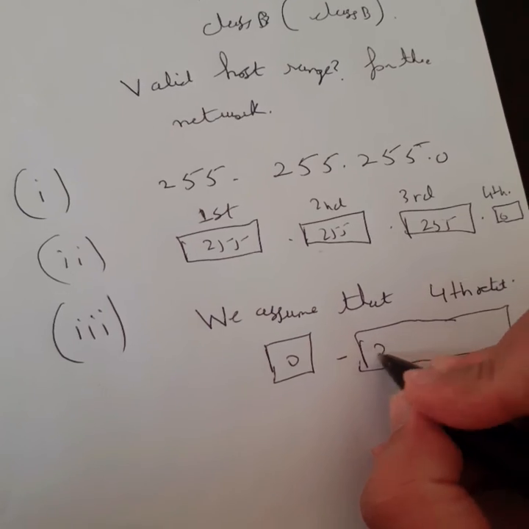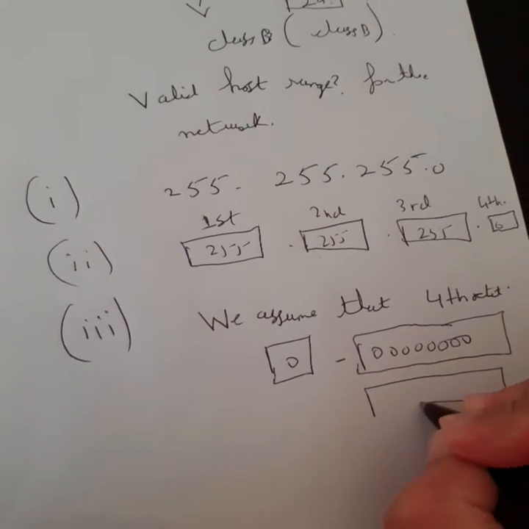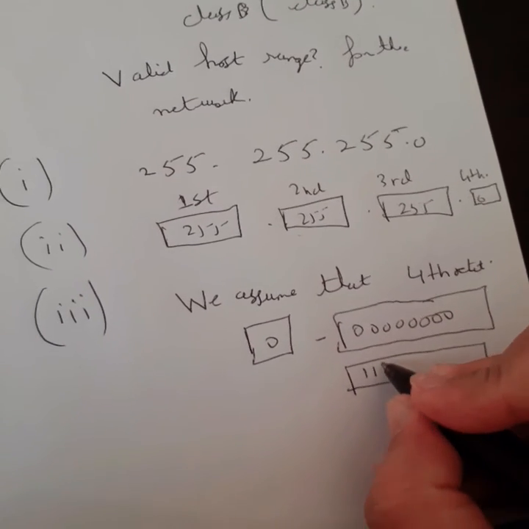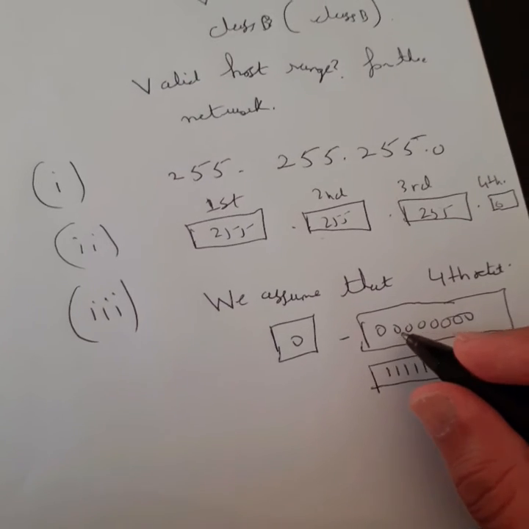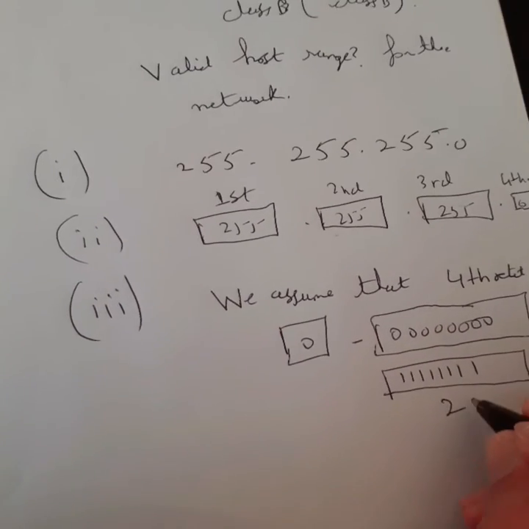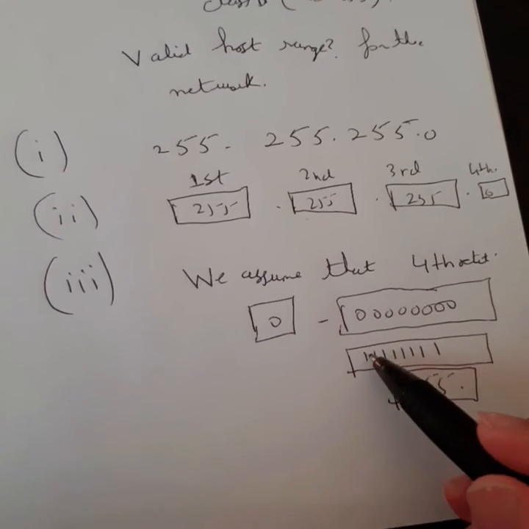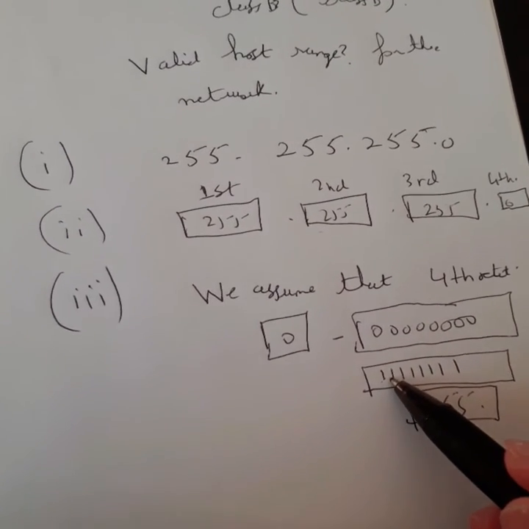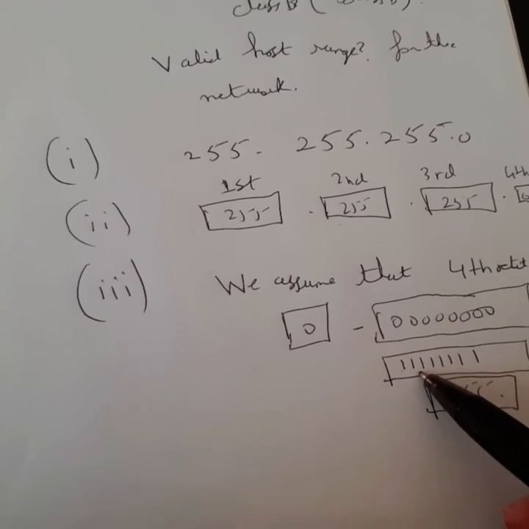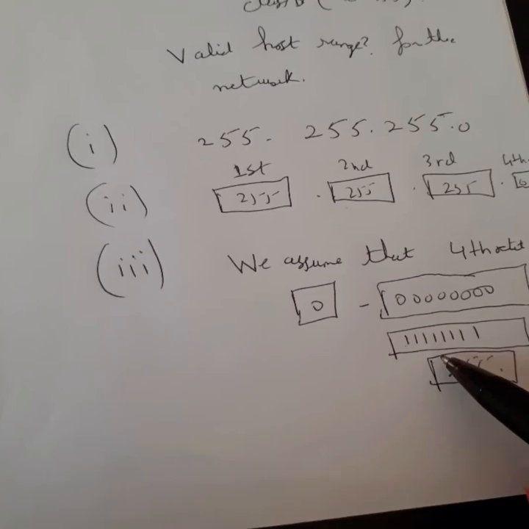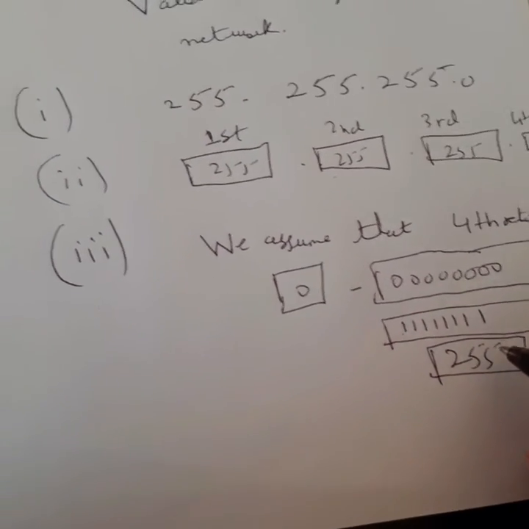Supposedly we had 8 zeros, so we will convert all those 8 zeros, or assume them, as 1s. When all the zeros have been converted to 1, it is 255. How? The values are 128, 192, 224, 240, and so on, in ascending order, so the total value is 255.